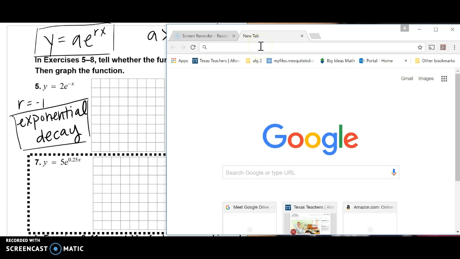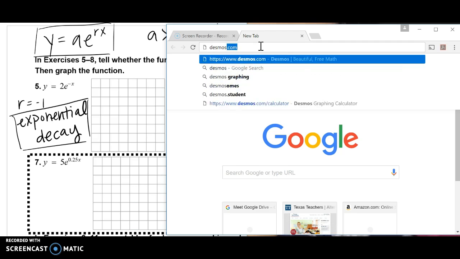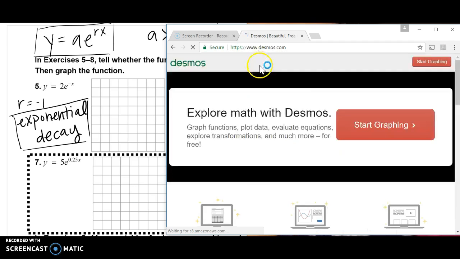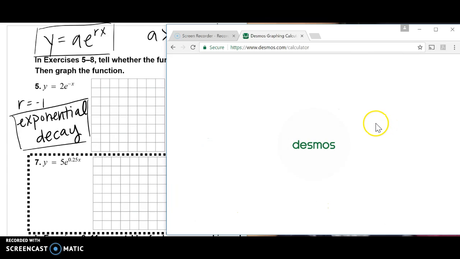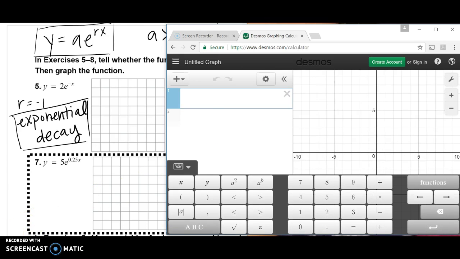The next thing we need to do is graph the function. If you don't have a graphing calculator, you can go to Desmos.com and graph it there. Click Start Graphing, and then type in your equation, y equals 2e to the negative x.